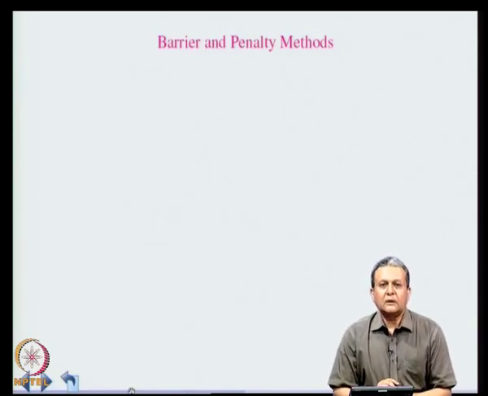Now, those methods are called barrier and penalty methods, where we do not have to worry about finding the active set at any point of time.